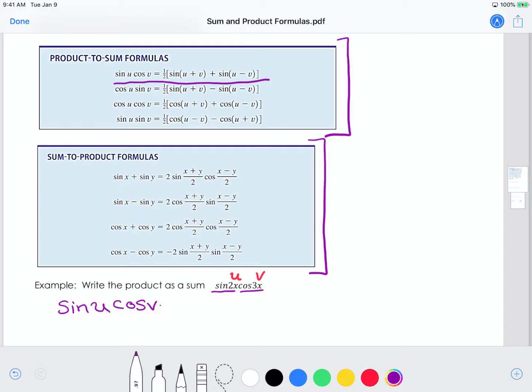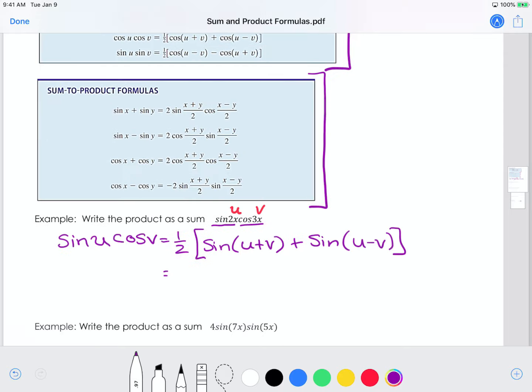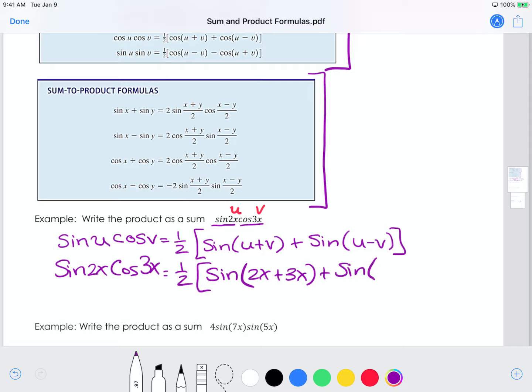So I'm going to use the formula sine u cosine v is equal to 1/2, and then in brackets I have sine of u plus v plus sine of u minus v. So I have sine of 2x cosine of 3x is equal to 1/2 sine of u, which we said u is 2x, plus v, which is 3x, plus sine of u minus v.